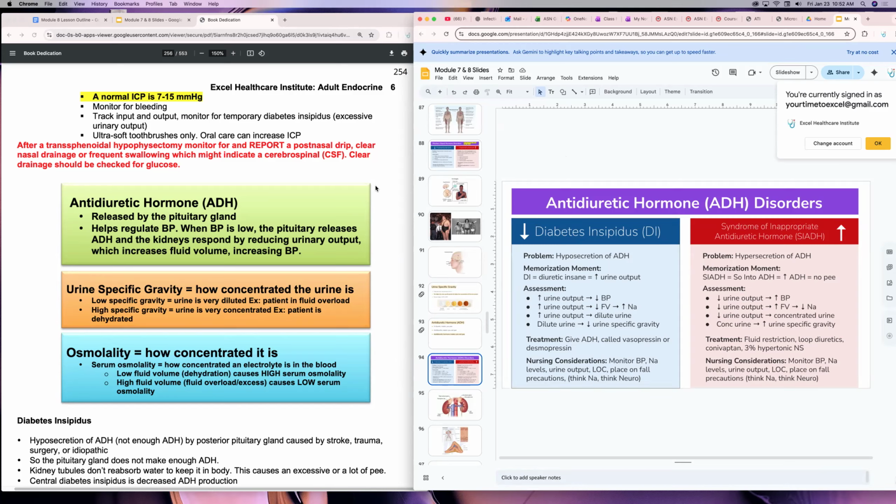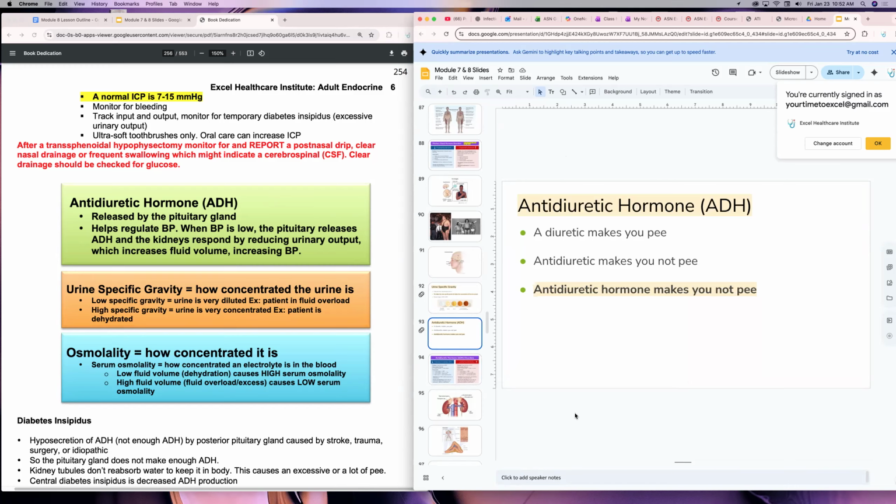So, first off, let's learn what is antidiuretic hormone. Antidiuretic hormone, break that word down, okay? What is a diuretic? Put it in the chat for me.